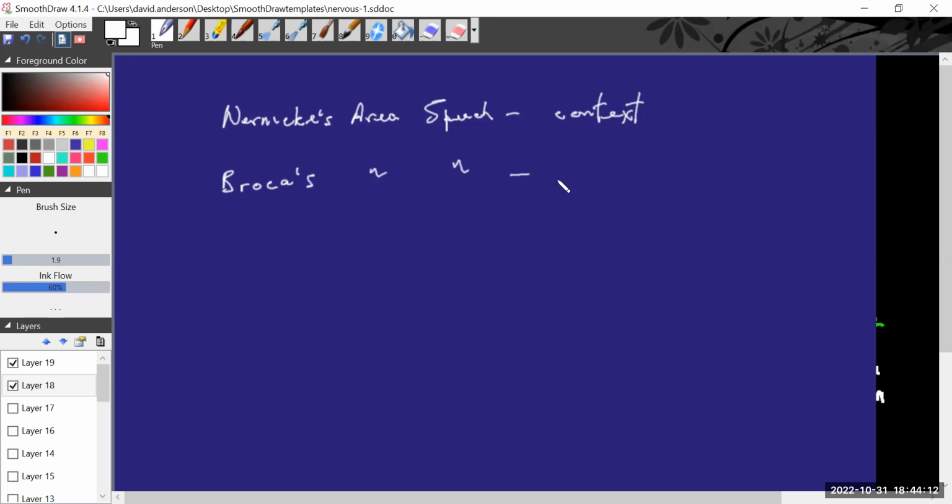Whereas Broca's area for speech is motor. So the neurons in this area are the neurons that are going to finish on muscles that help us pronounce and say things with emphasis or with clarity. Broca's area is motor.